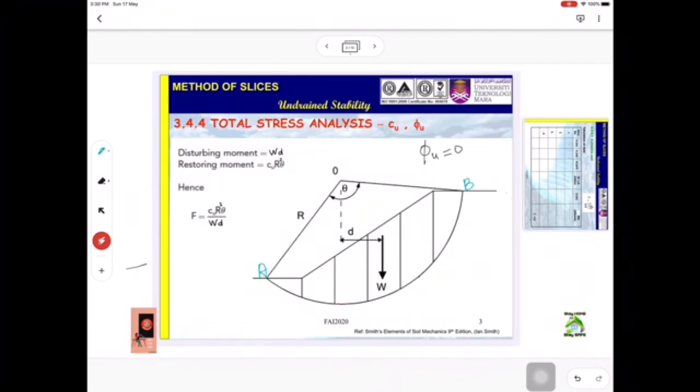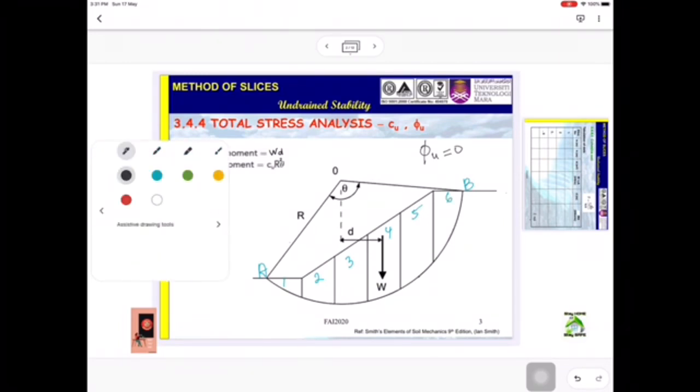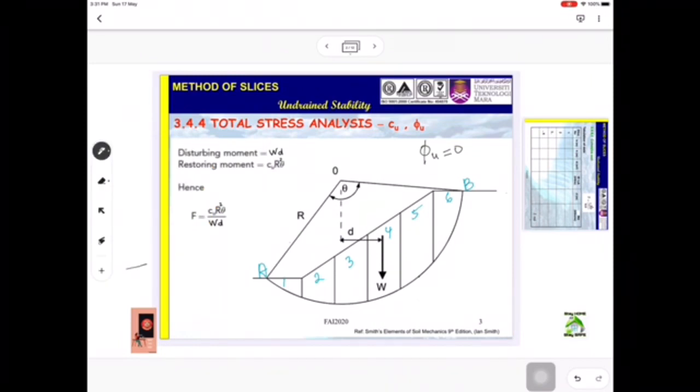Let's say this is slice 1, slice 2, slice 3, slice 4, slice 5, and slice 6. Each slice will have a W, which is due to the gravity force. So W is a disturbing force.